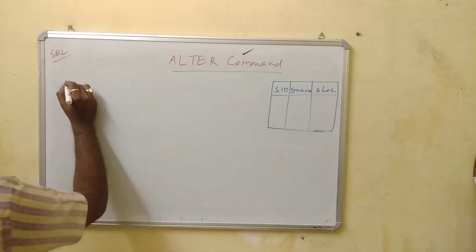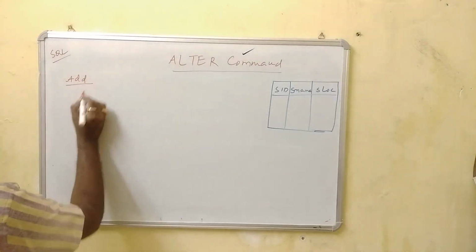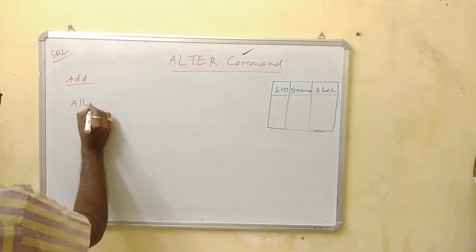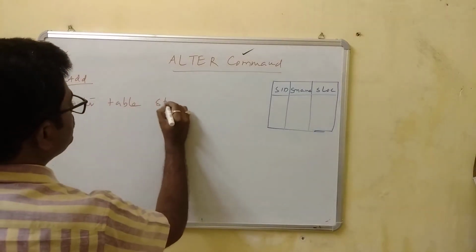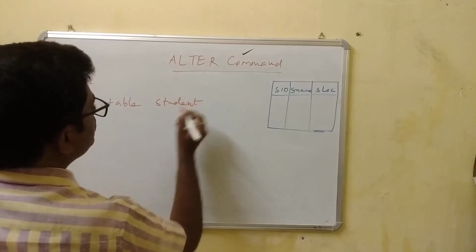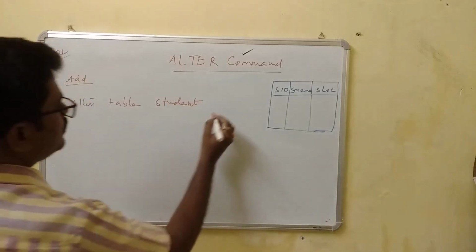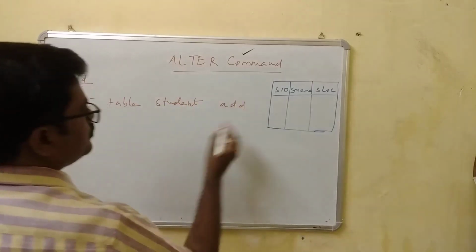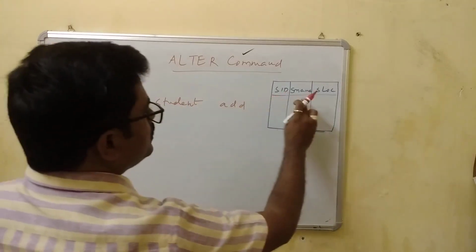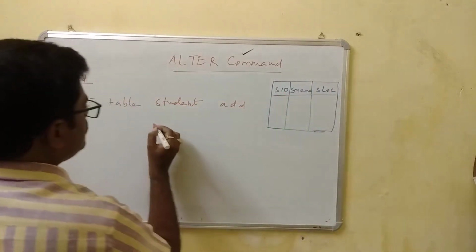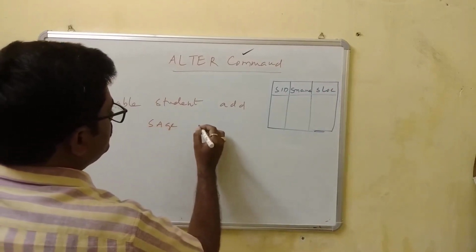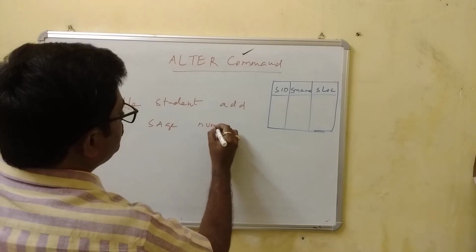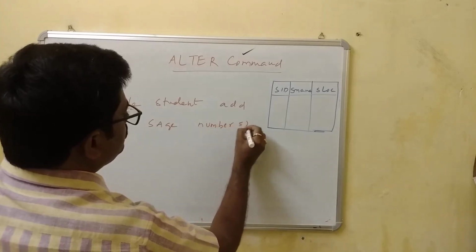Now for adding a new column: alter table, the table name is student, which we are already familiar with. Now add a new column. We already have 3 columns, SID, SName, SLocation, and the new column I am taking is SAge, of type number of 5.